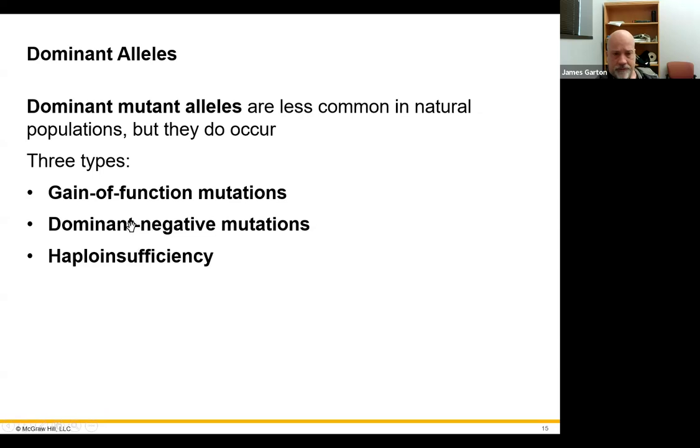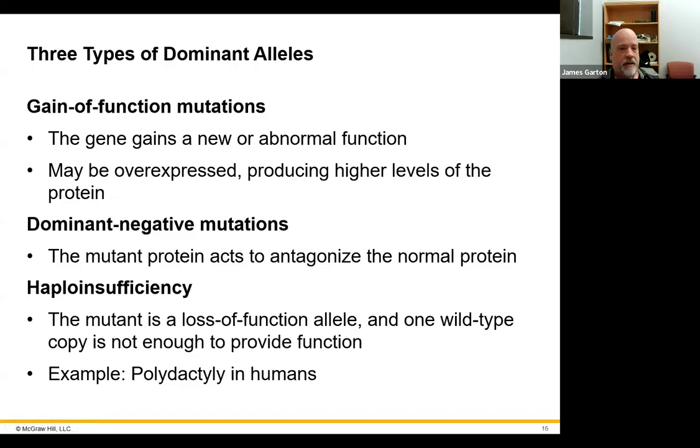And then more difficult, dominant negative mutations, and something called haploinsufficiency. In a gain of function mutation, the mutation has caused the protein that is made to have a new or abnormal function. And it might be that it's overexpressed and overproduces itself, or whatever.